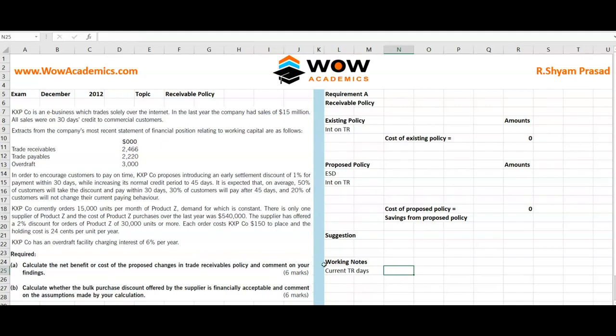The formula works like this: 365 into the trade receivables divided by the credit sales. This formula will give you the current trade receivable days. So we'll start. 365 into trade receivables, which is 2,466, divided by the sales.